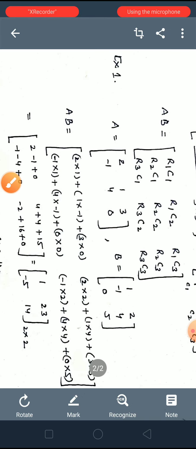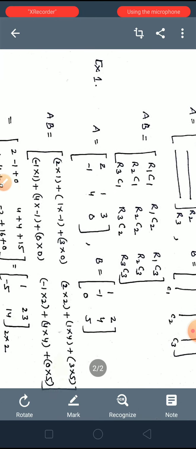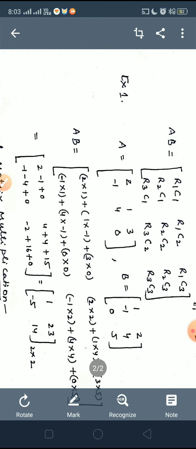Now multiply them. As I told you, we use R1C1. We use R1 of the first matrix, 2 1 3, and C1 of the second matrix, that will be 1 minus 1 0. 2 into 1, 1 into minus 1, 3 into 0. All these will be added.